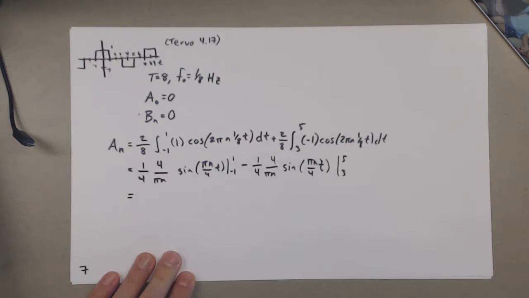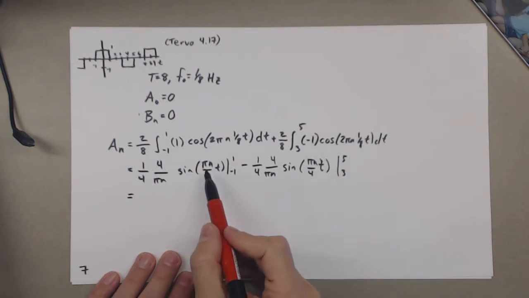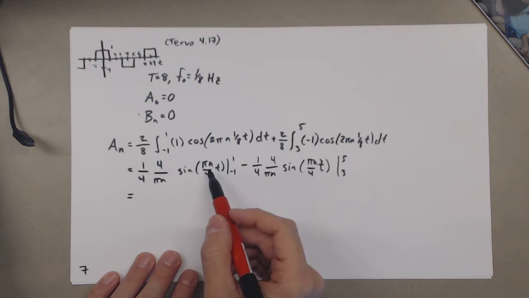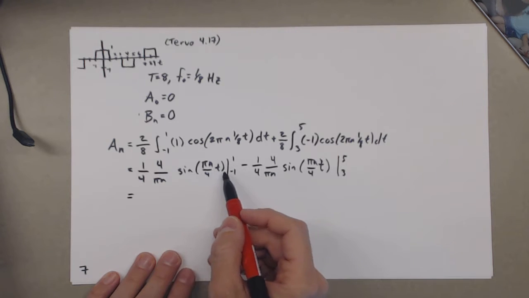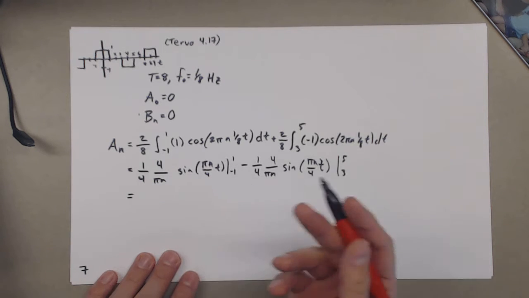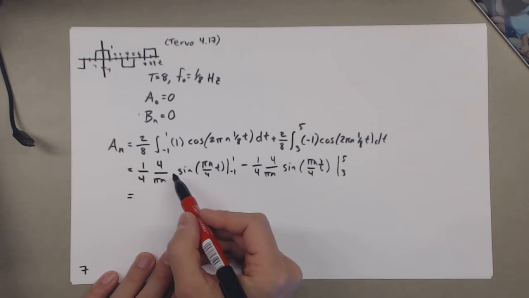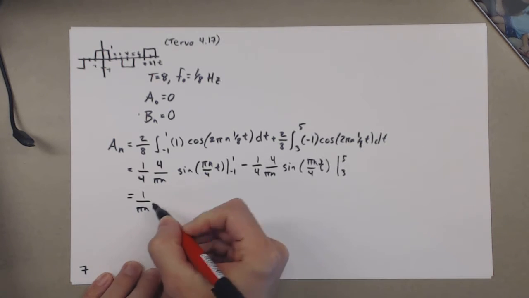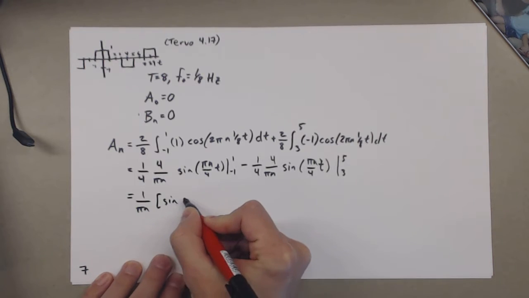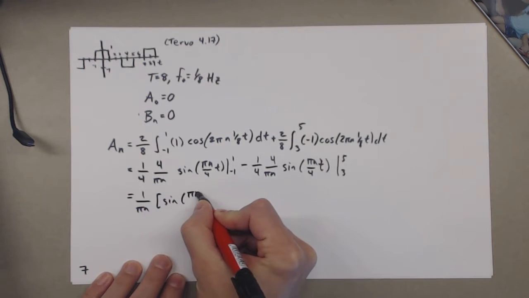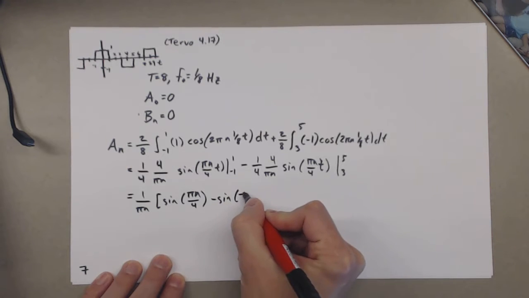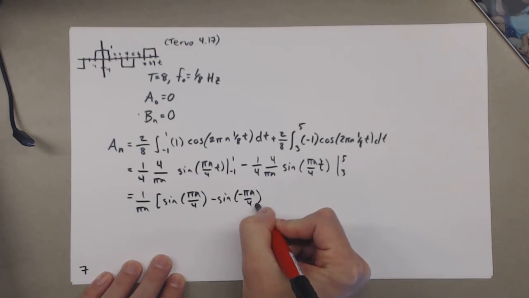And what we'll see is that sine of pi n over 4 is equal and opposite to sine of minus pi n over 4. It's an odd function. And so we can write it out: sine of pi n over 4 minus sine of minus pi n over 4.